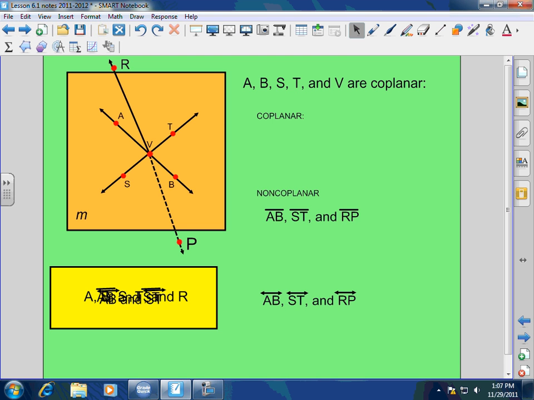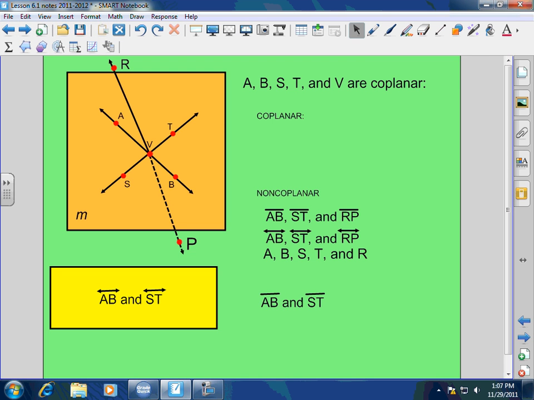How about line A, B, S, T, and RP? Non-coplanar as well. Segments and lines behave the same way for planes. How about A, B, S, T, and R? Non-coplanar. R is above plane M. It's going through plane M. It's not on the same flat surface.